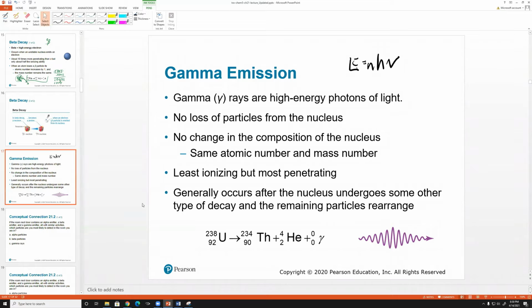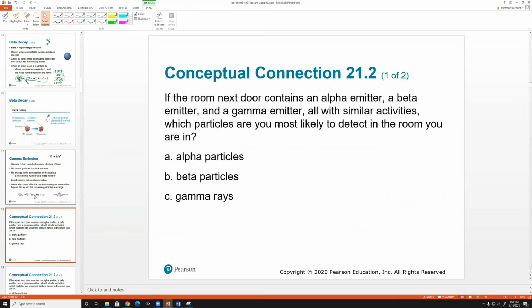And that energy came from the mass of the uranium. So this energy is released as a gamma particle. That's part of the mass defect. Even though a gamma particle is massless, that mass of the uranium was converted into energy to give it kinetic energy. This stuff's crazy.